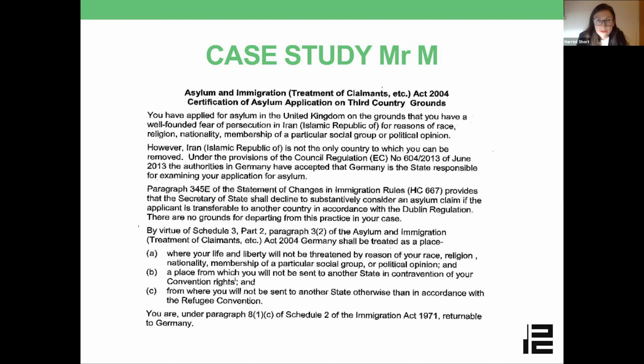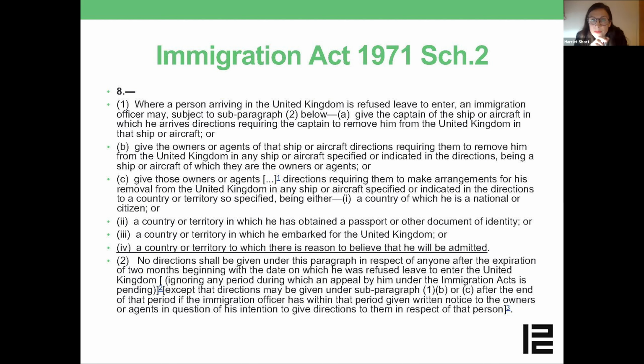That won't apply after transition. Germany's acceptance was under the provisions of the Dublin III regulation. It's clear in terms that its acceptance is under those provisions. The power to remove him as well, if you look at the last line there, the power to remove him under the 1971 Act is dependent upon there being reason to believe he would be admitted.